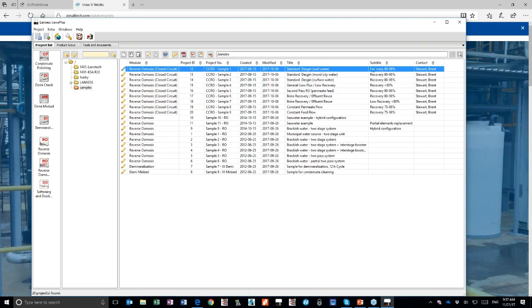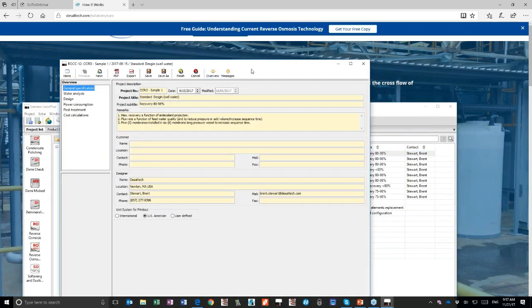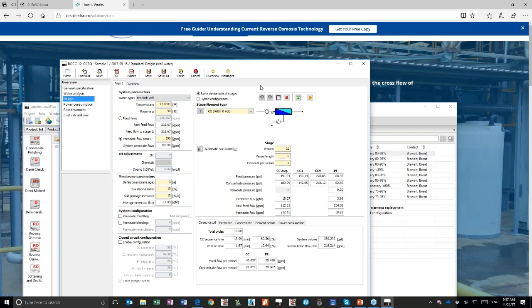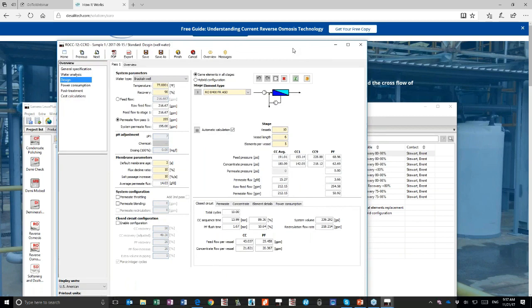Okay, we have another one here. Looks like this one is also for Brent. Will Desalitech guarantee the recoveries that I see in this program? Yeah, so the program has guidelines for recovery, and they tend to be relatively conservative. So if you're going to push the boundaries, the recommendation is to go to your anti-scaling provider and run their program scaling projections.